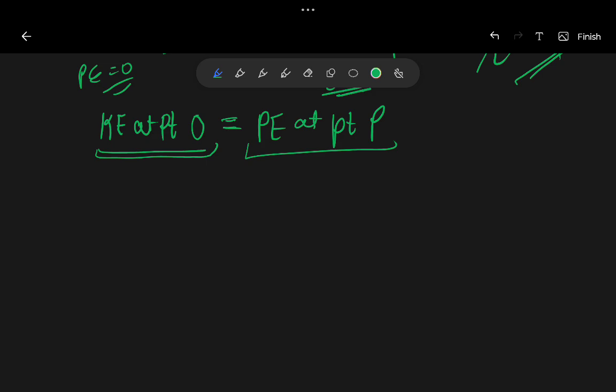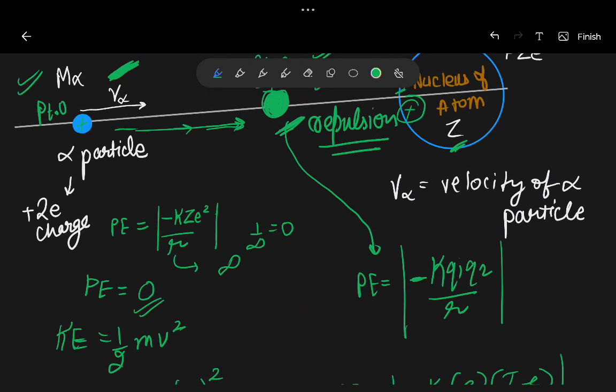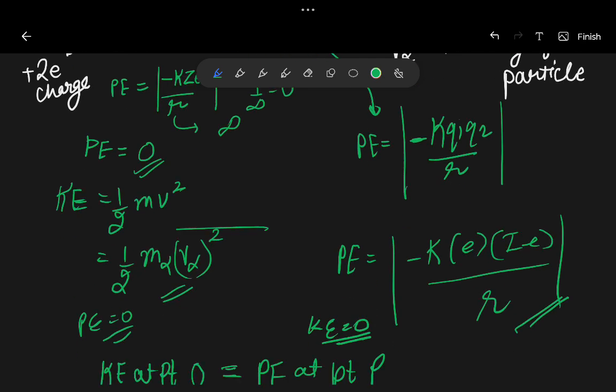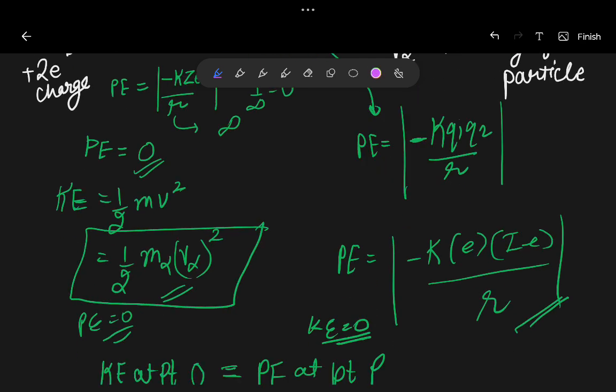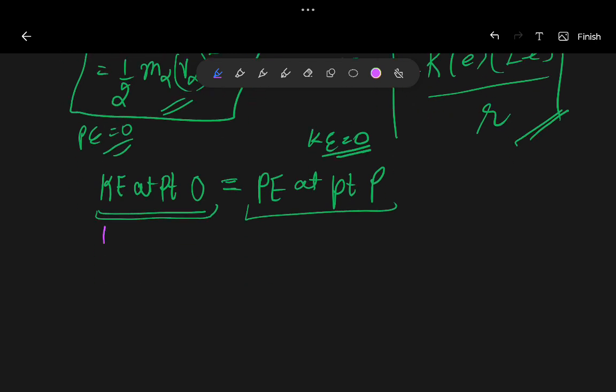Now let's try to write whatever we just found. Now we got that kinetic energy at point O was this much. All right, so this was the kinetic energy at this point, half m alpha v alpha square.